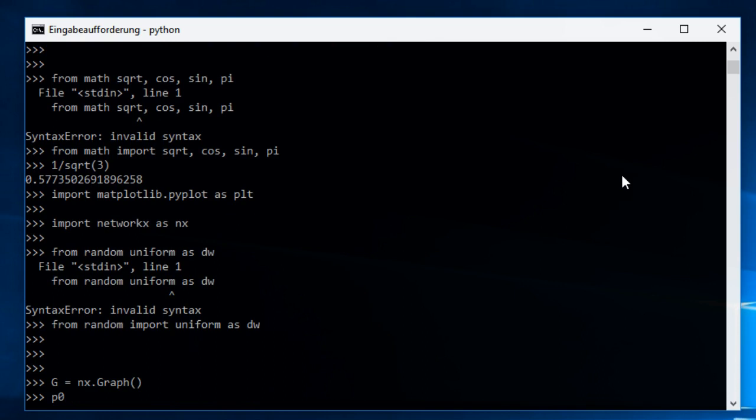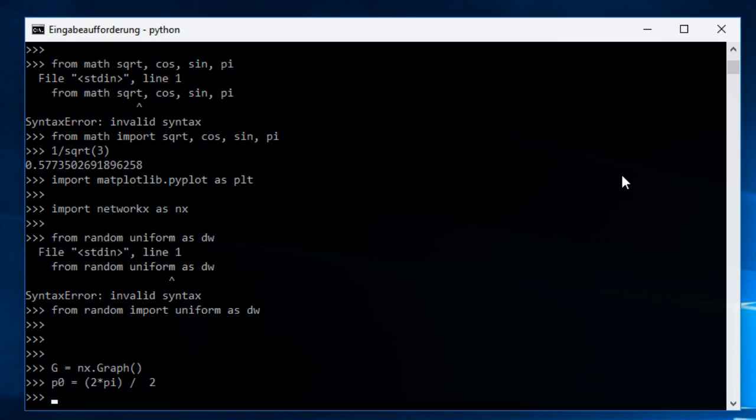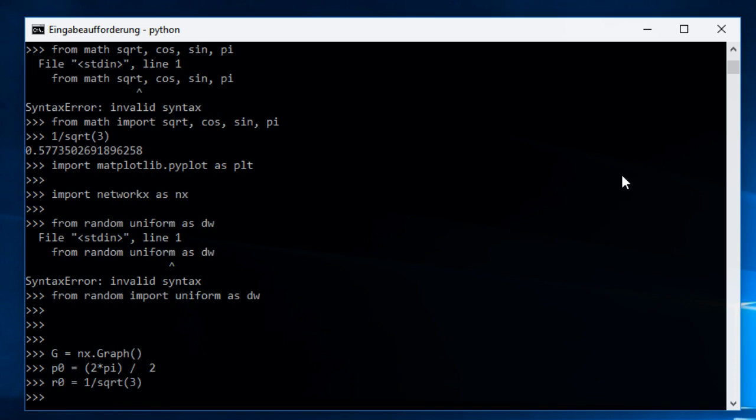And then we're going to set up once and for all our special numbers, which are 2 times pi divided by 12 and the special radius 1 over square root of 3.